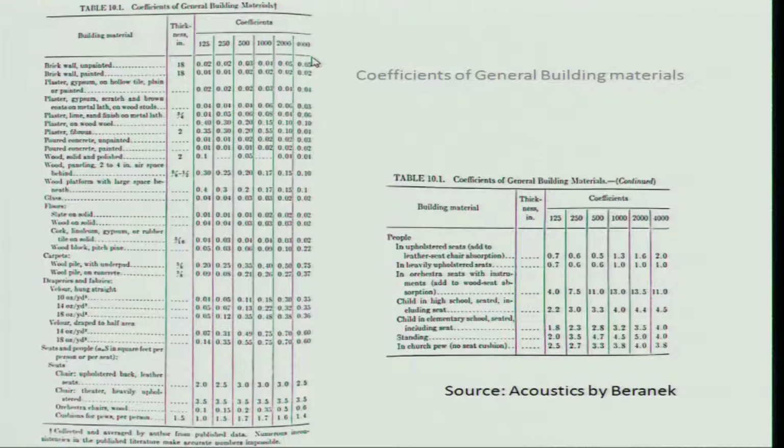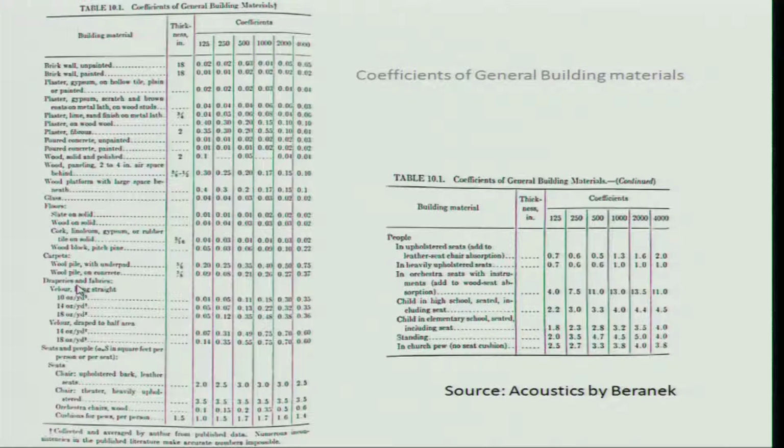Let's look at something else. Suppose on the floor you have carpet, then what is the absorption coefficient for carpet? You can have two types of carpet: woolen carpet with underpad, if there is a lining below it, then at 125 it's 0.2, 250 it's 0.25, at 500 it's 0.35, and so on and so forth.